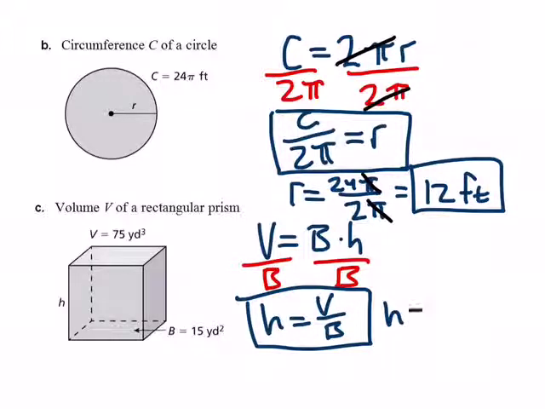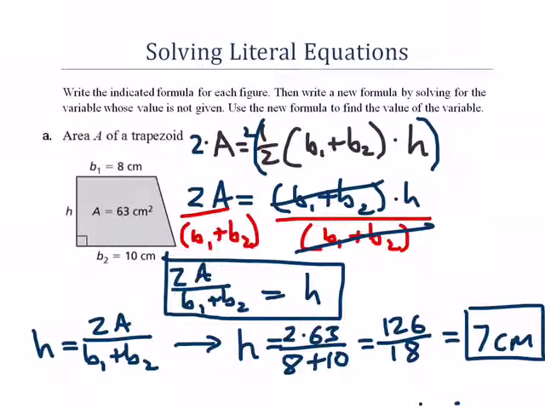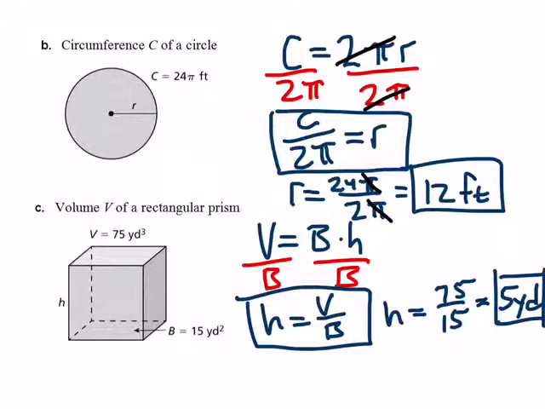So our actual height for this problem is going to be 75 divided by 15, and that's going to go in there 5 times, 5 yards. So it's really easy. Once you find the new formula, then it's really easy to plug it in and get the answer for that particular problem.